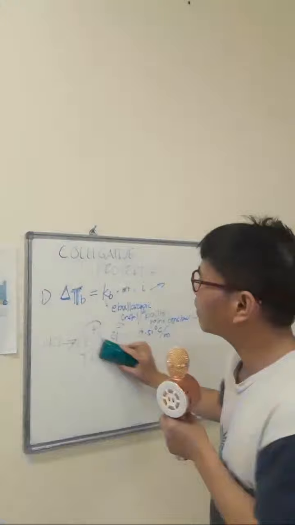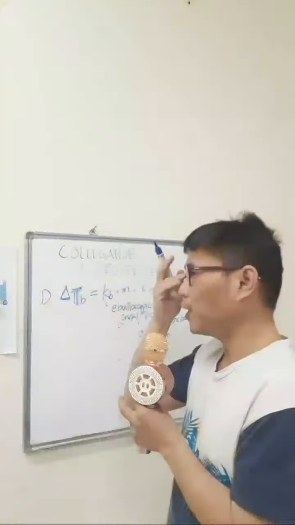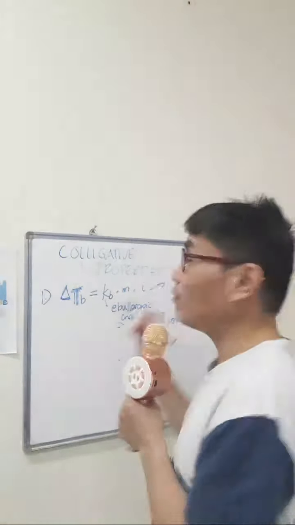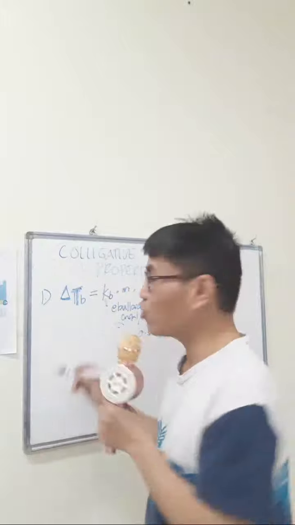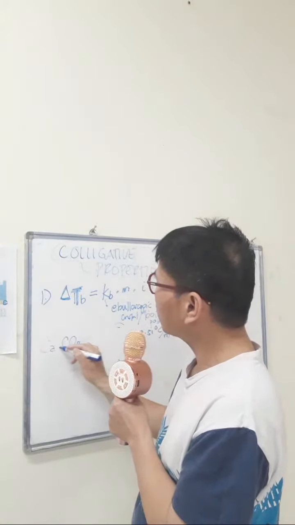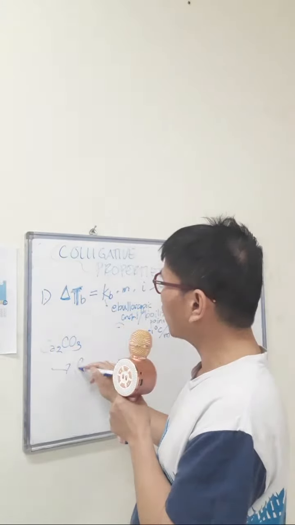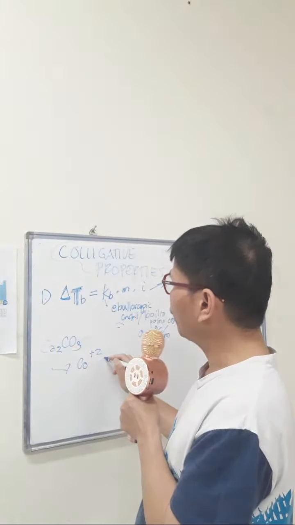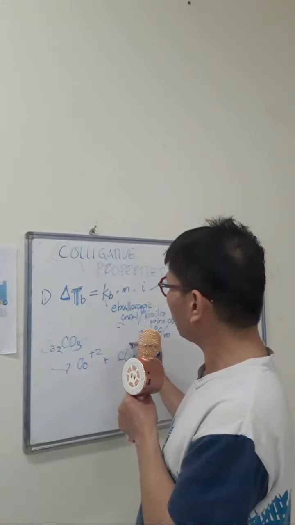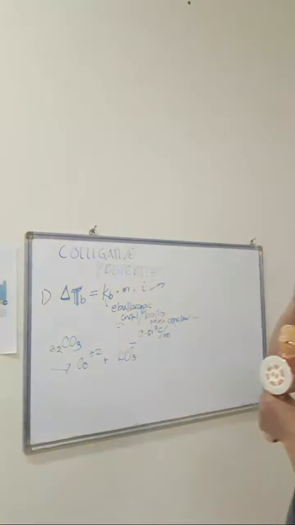Another example. Let's master this one so that we can identify it really. For example, I have limestone, calcium carbonate. It will dissociate into calcium positive 2 and carbonate negative 2, right?